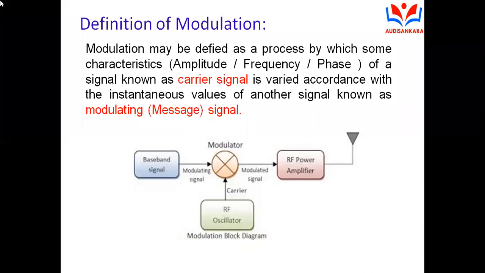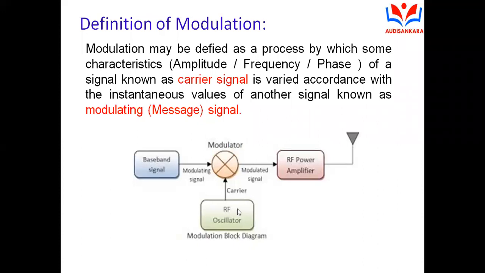Here, consider this is the baseband signal. Baseband signal means modulating signal, information signal, source signal, input signal, low frequency signal, audio frequency signal, etc. These are the different names for the message signal.